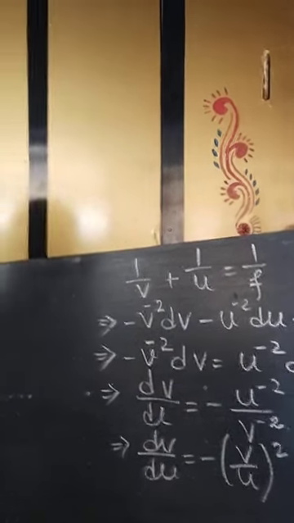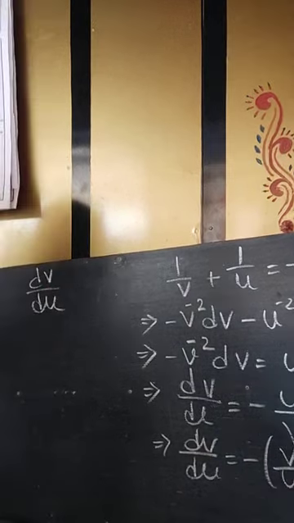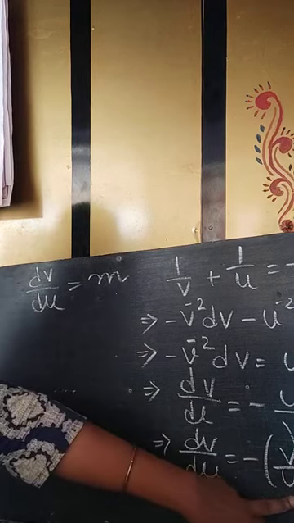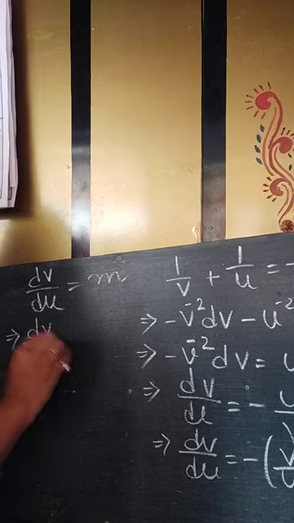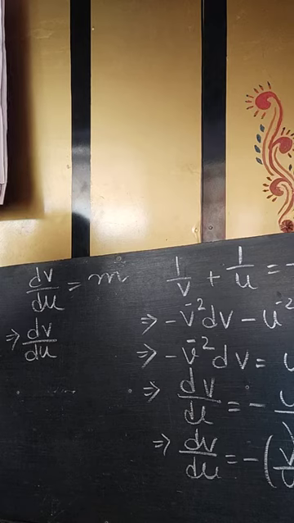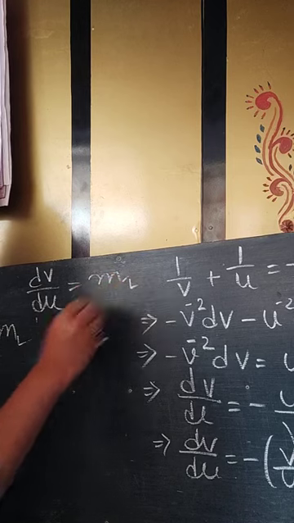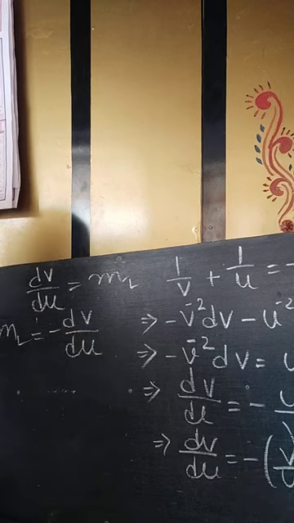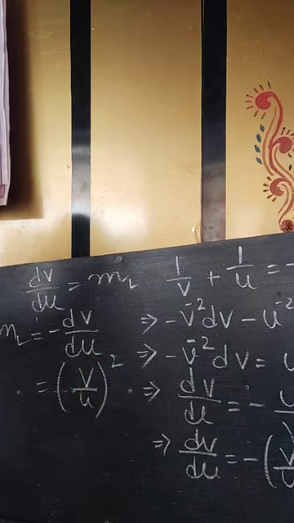In the previous part, we have already seen that dV by dU is related to m. So comparing, the longitudinal magnification ML is minus dV by dU, that is V by U whole square. What is V by U? V by U is nothing but minus m.